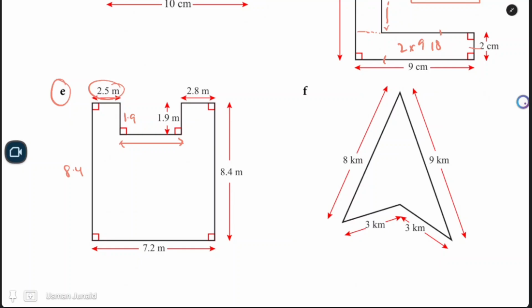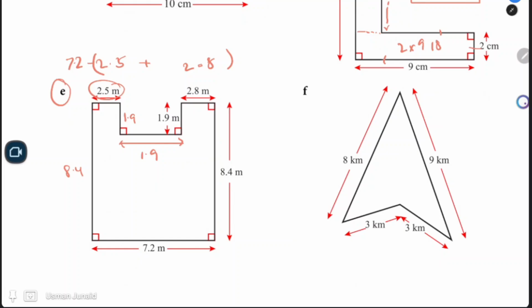So 1.9. Let's see. You have 2.5 here, and you've got 2.8 here, and you've got 7.2 here. So 7.2 minus 2.5 plus 2.8. How much? 1.9. Oh, so you've got 1.9.